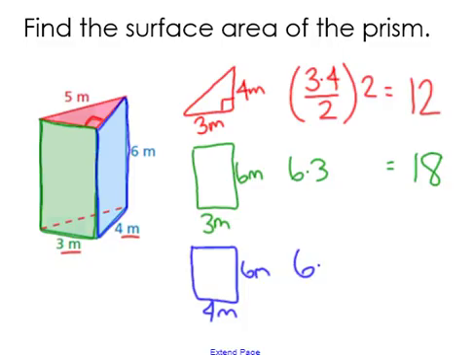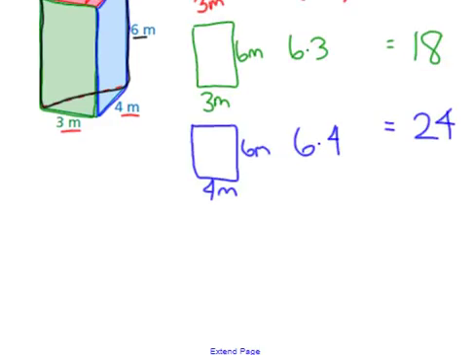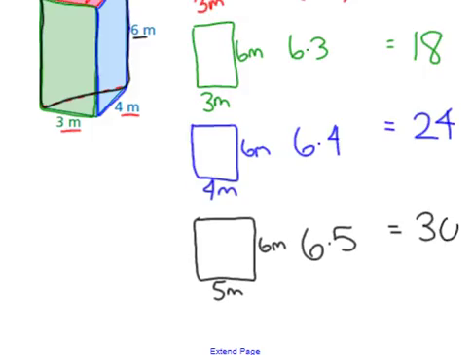So 6 times 4 would have an area of 24 units squared. And then the remaining side is actually going to be this back rectangle right here that has dimensions of 5 and 6. So the area for that piece would be 30.